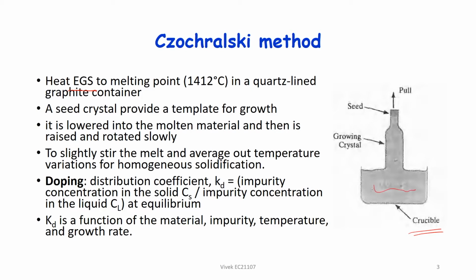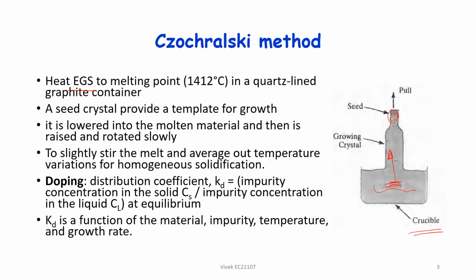And then what we do, now this is in liquid phase, so we have to have a crystal here, right? And that crystal is actually dipped in this molten silicon, and it is slowly pulled up. While it is slowly pulled up, this molten silicon attaches to this single crystal, and it solidifies.